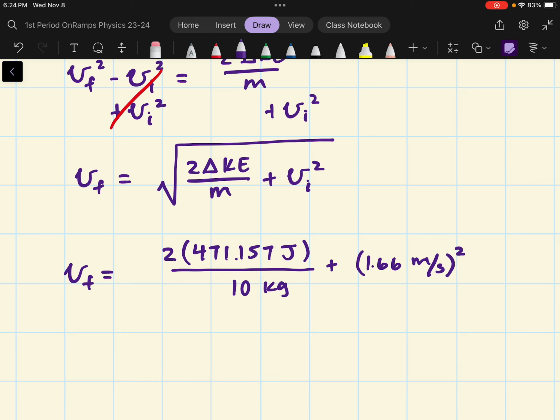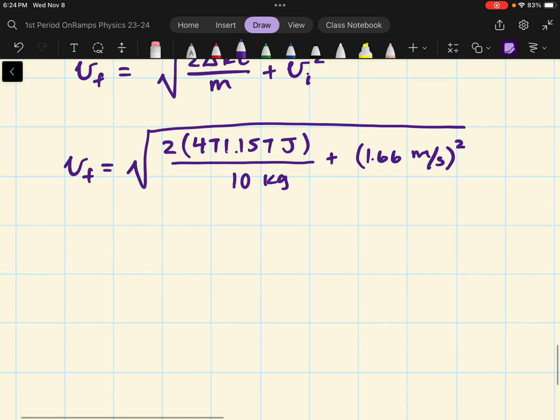Don't forget to square that one. You take the square root. And then the final velocity is 9.8482 meters per second.